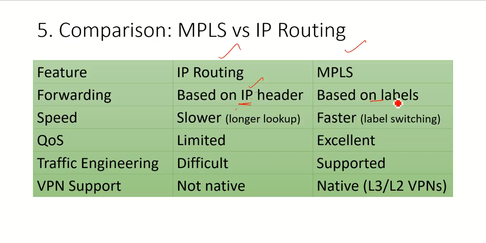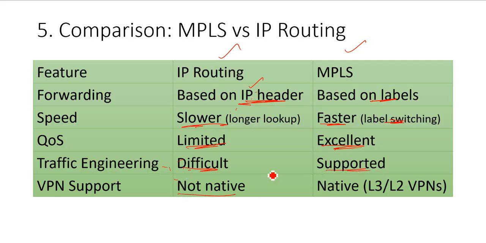Because the header is big, it takes a long time, so it is slower. With MPLS it is based on the label, just a 32-bit label switched, so it is faster. QoS we also have here, but it is limited just to IP. Here you can have traffic engineering and QoS. Traffic engineering is difficult in normal IP routing without MPLS. With MPLS it is easy.